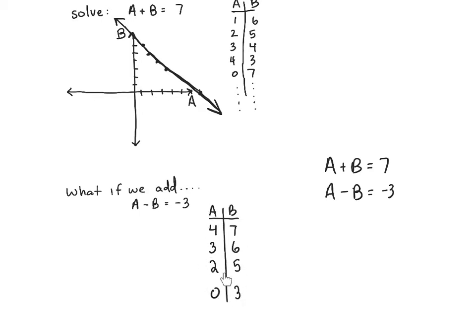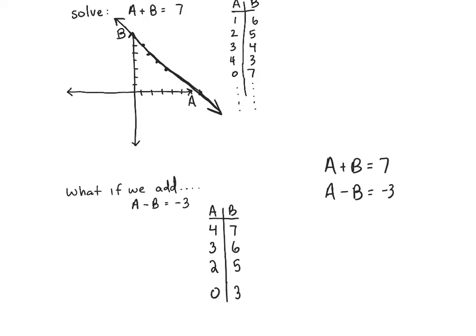If we wanted to represent this tabular form of solutions, and again, this list could go on and on, rather than making an infinitely long list of values in a table, it's a little more concise to represent this data on a graph. So now if we graphed this, let's get a different color here.